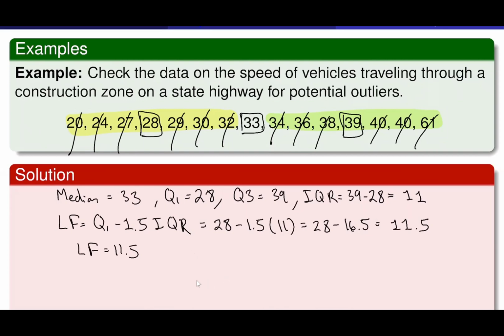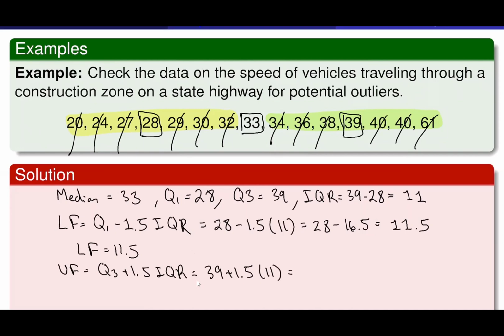All right, let's get the upper fence. For the upper fence, we get Q3 plus 1.5 times the IQR. Q3 in this scenario is 39, added to 1.5 times 11.